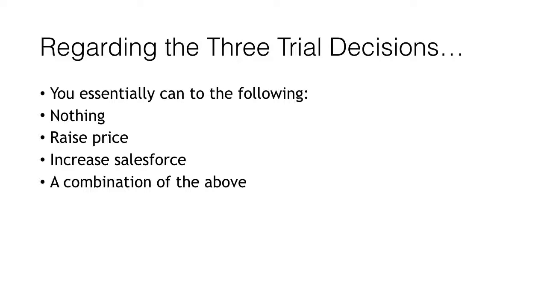And the extent that you can or cannot raise price depends on your evaluated pricing power and brand equity. Okay, that said, again, you can do three things. You can do nothing. You could raise the price, leave everything else the same. You could increase the salespeople, leave everything else the same. Or you could do a combination of those two above, raise price and salespeople.